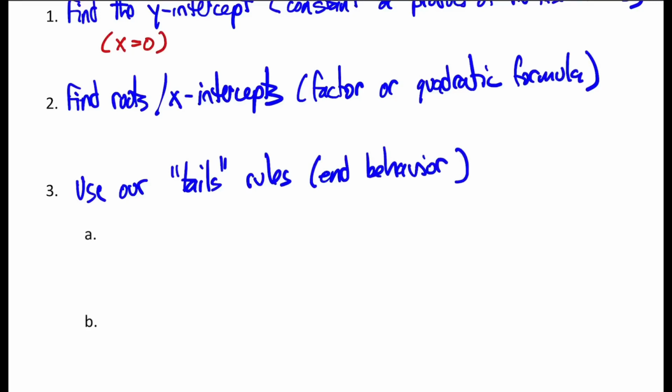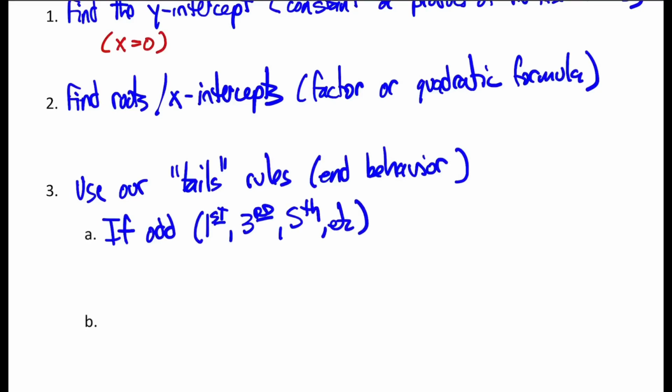All right, so here are the rules. If odd, so that means a first degree, third, fifth, etc. We won't have to go beyond that. We have opposite tails. All right, so now, if they're positive, they're going to look like this.